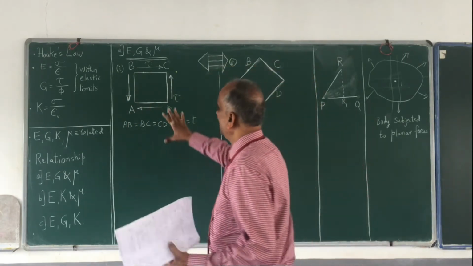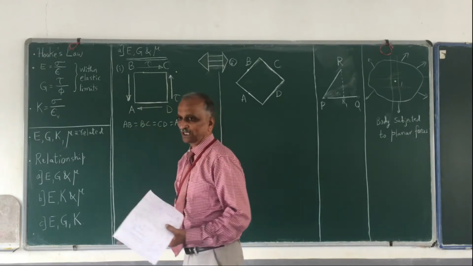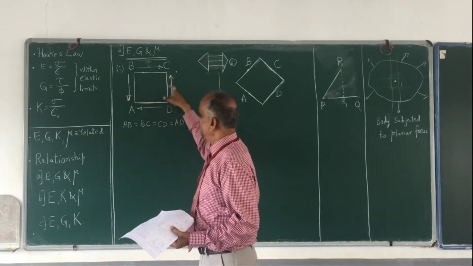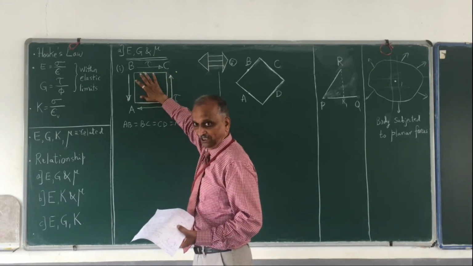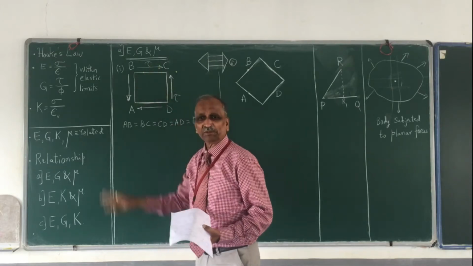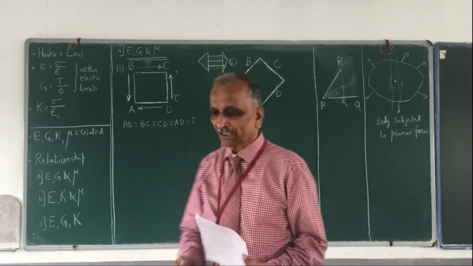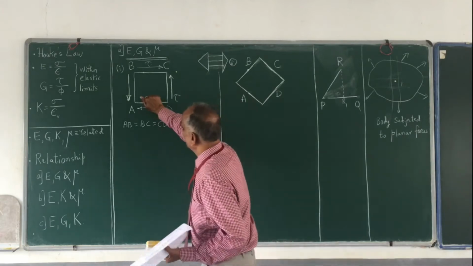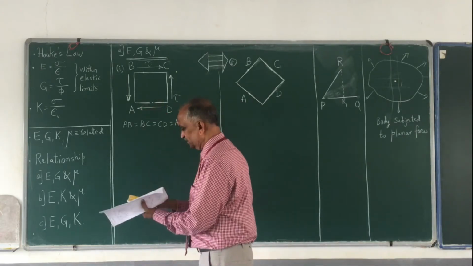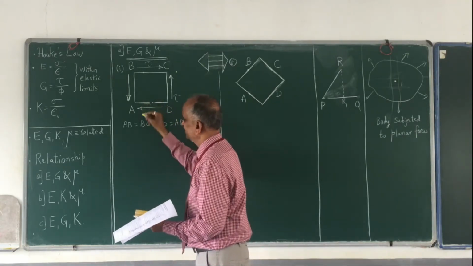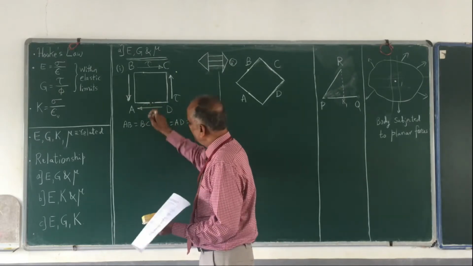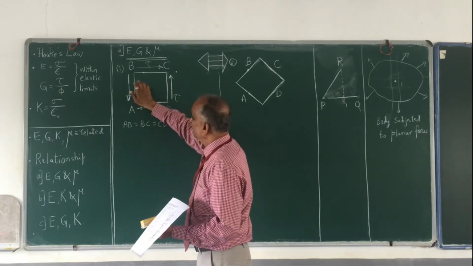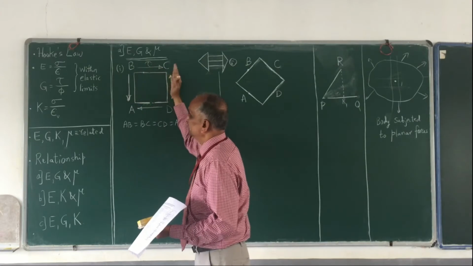The moment you have these stresses, what happens? This face ABCD, which was square earlier, won't remain a square now. If I hold it, I shall assume that this has been fixed. What happens to this face?